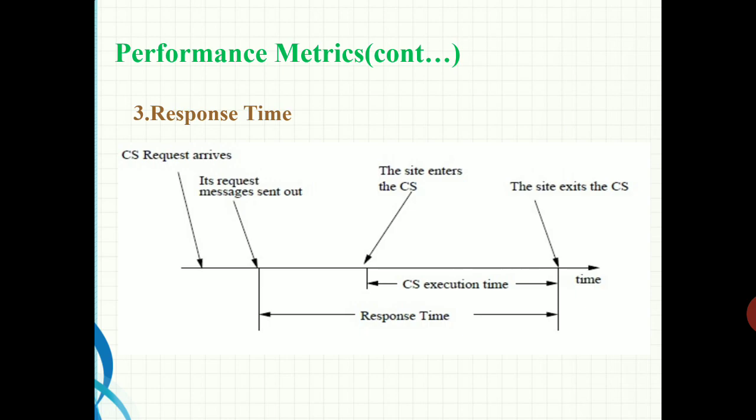So the response time is the interval between the message being sent out and the exit of the critical section. That time difference is called the response time of a particular mutual exclusion algorithm.